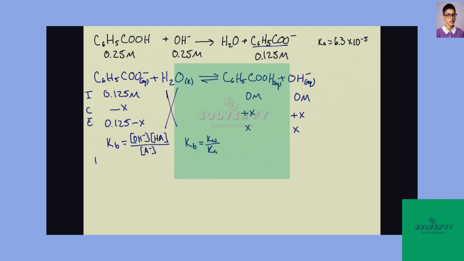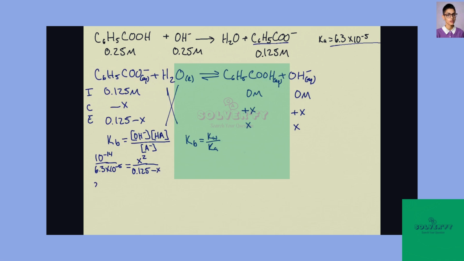So Kw, which is 10 to the negative 14th, over Ka, which we have here, 6.3 times 10 to the negative fifth, is equal to the concentration of OH minus, which is x, times the concentration of HA, or our weak acid, which is also x, so we have x squared up here, divided by the concentration of the weak base, which is 0.125 minus x.